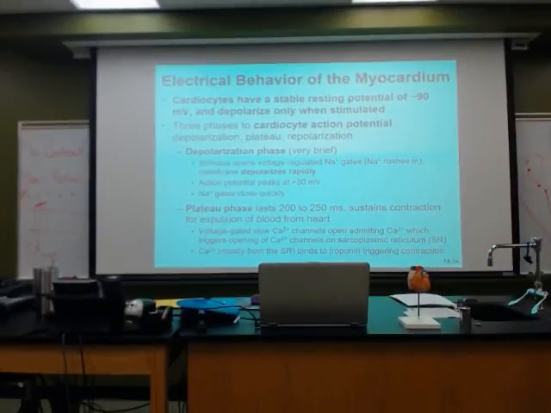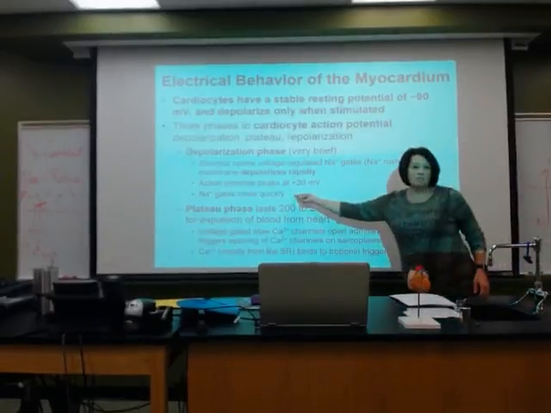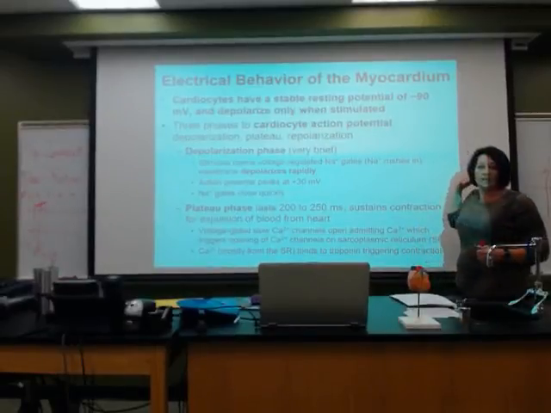So if we look at our chart, this is the actual working cell. If we're at minus 90 and it begins to move up, when it gets to positive 30, that's where it peaks. At that point, we move into repolarization.